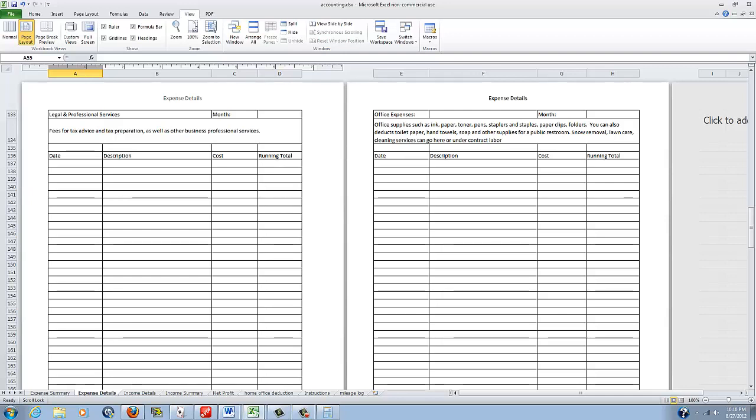Office expenses are something that you're going to have, definitely. These are going to be things that are just used in your office, like paper, ink, calendar, etc. So we're going to put down a couple of my office expenses here.